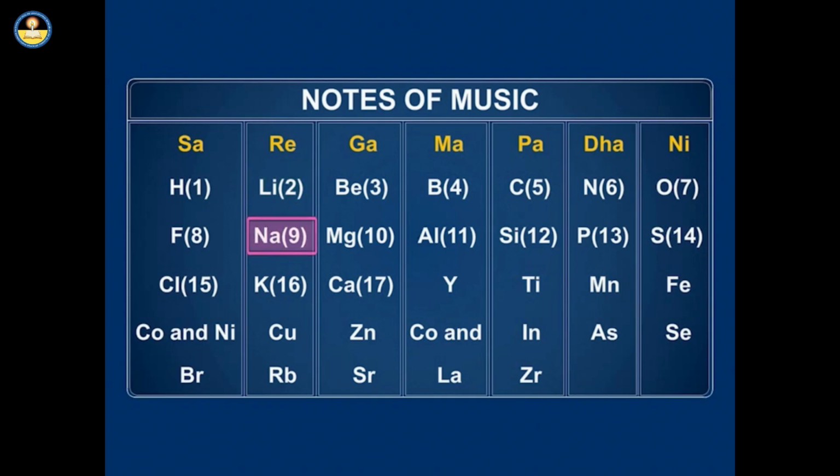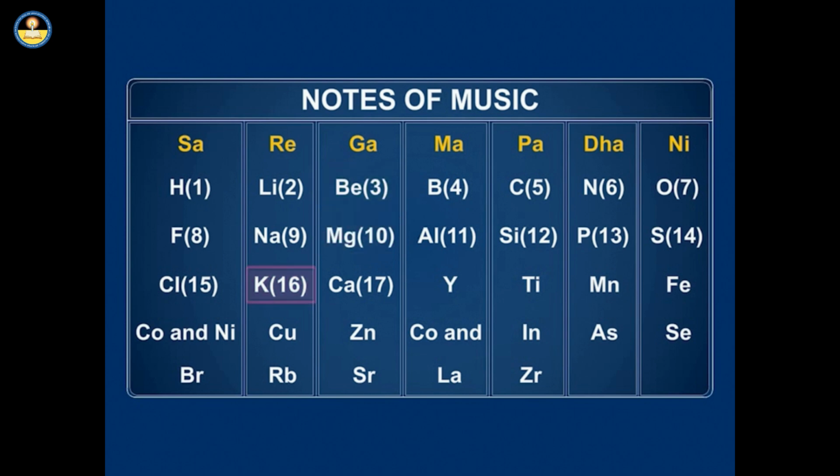He placed the 9th element, sodium, denoted by Na, below the second element, lithium, denoted by Li. Similarly, the 10th element, magnesium, that is Mg, was placed below beryllium, the third element, and so on.